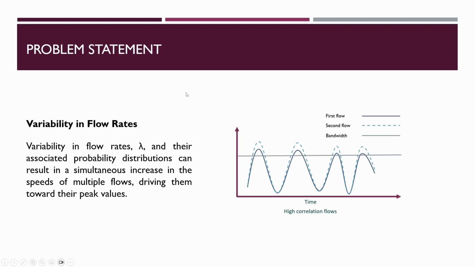Okay, right now let's go ahead and describe the problem statement of our contribution. In the consolidation technique, we consolidate or aggregate the traffic from different applications onto a small number of links and paths. This can lead to most of the flows peaking together, especially if the correlation between these flows is very high.